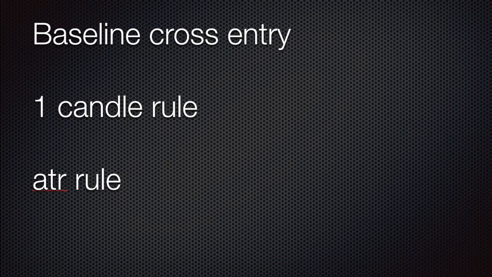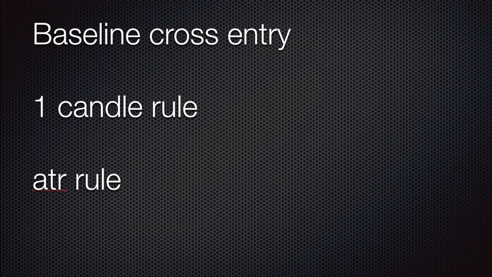So finally, there are three rules that still apply. The first one is the baseline cross entry. This means that if all your indicators are bullish and your candle is crossing upwards over the baseline, then you are allowed to take another trade if you are not in a trade yet.